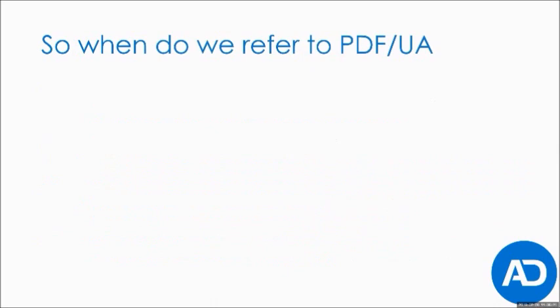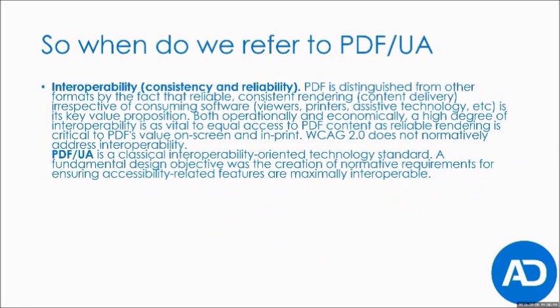So when do we refer to UA? And forgive me for all of this text. I will make these slides available, and I'm not going to read this out. I don't believe in reading off slides. So one of the things that we really look for is interoperability, and it's that document of trust. We want to make sure that a PDF is always reliable in the way that it renders, the way that it prints, the way that it's viewed, the way that AT interacts with that content.